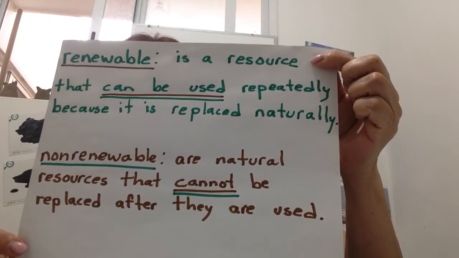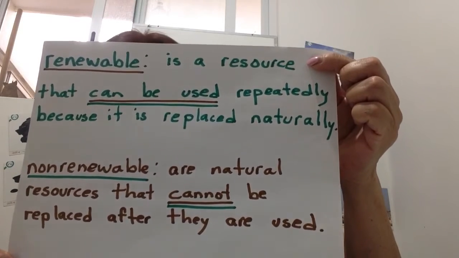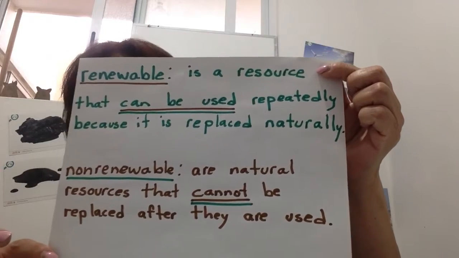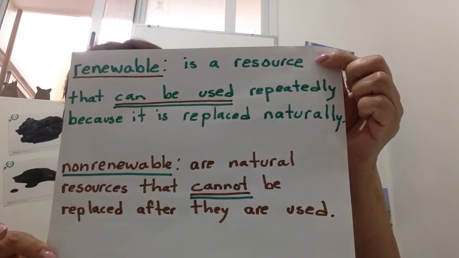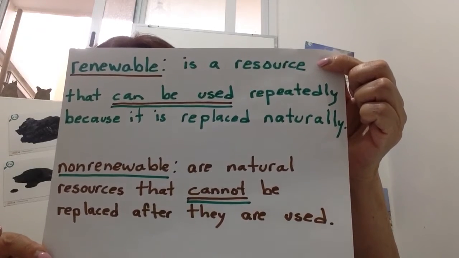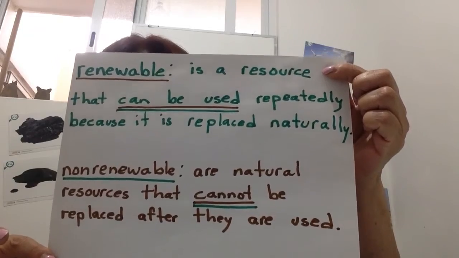Non-renewable means that it cannot be replaced after they are used. Some examples are rocks, minerals, metals, fossil fuels, such as petroleum, coal, and natural gas. Okay, but this is not in your book.